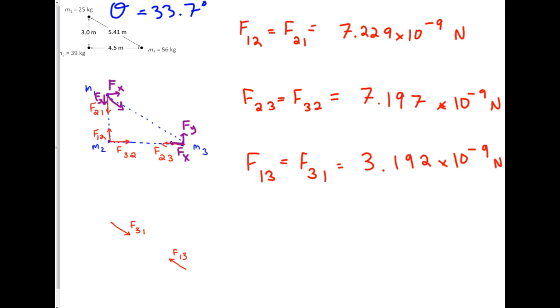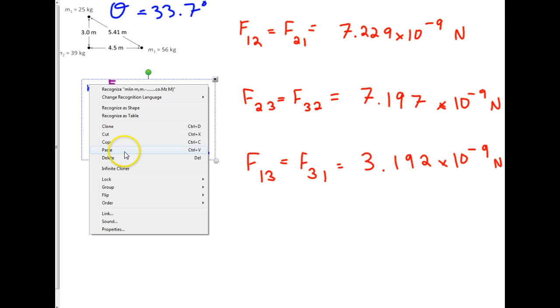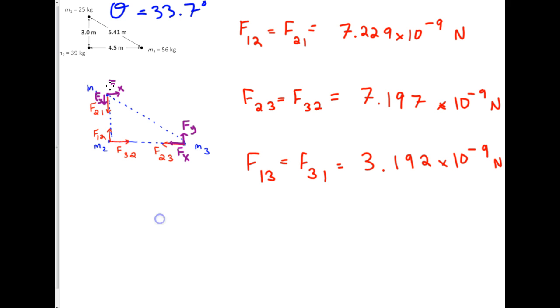Good. Now I'm going to clean up my drawing because this is getting messy. Let me take away all of these. These are not necessary. And let me move M1 somewhere where I can actually see it. So here's M1 over here now. Good. I'm on my way there.